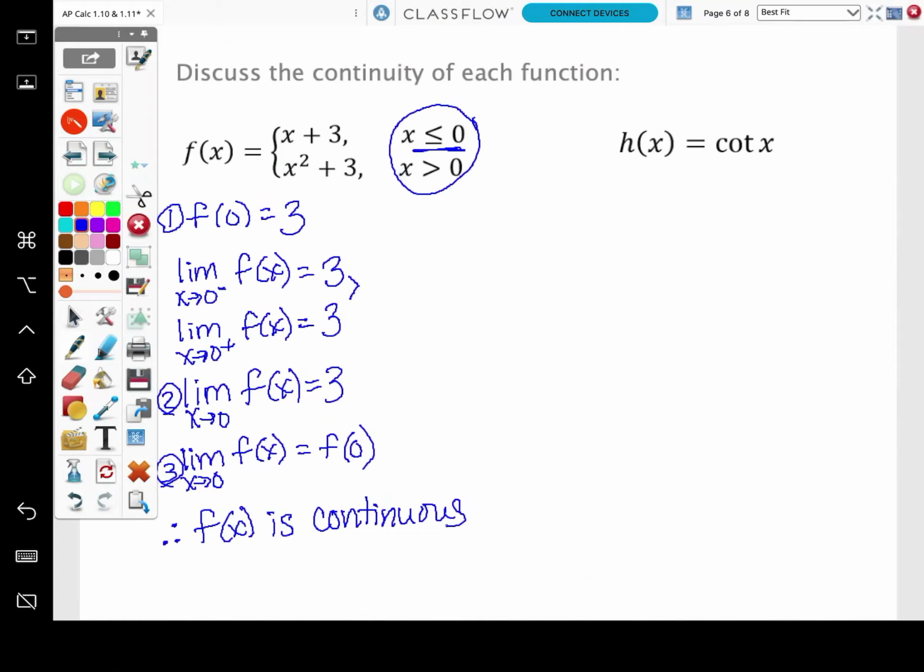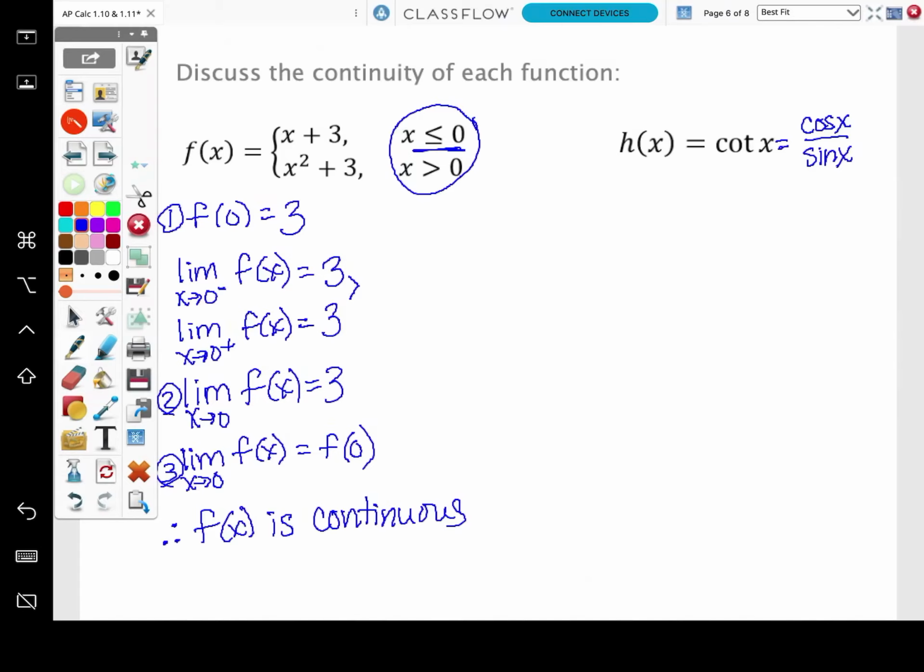Is cotangent like cosine, where it's just continuous everywhere? Not so lucky there. Cotangent is the cosine function over the sine function, right? So we do have division, and it's repeated every pi units because that's the domain of cotangent. So we need to figure out where sine is 0.